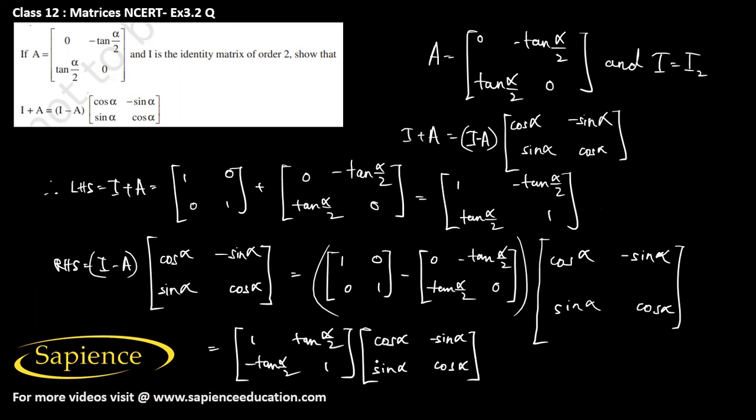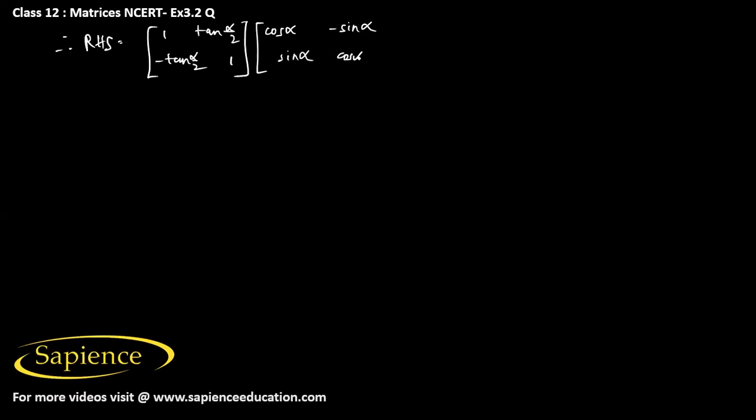So if you take the product, the right hand side will be equal to [1, tan alpha by 2; minus tan alpha by 2, 1] into [cos alpha, minus sin alpha; sin alpha, cos alpha].